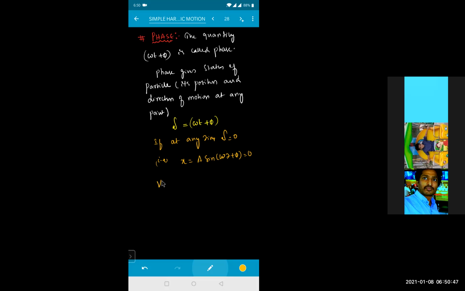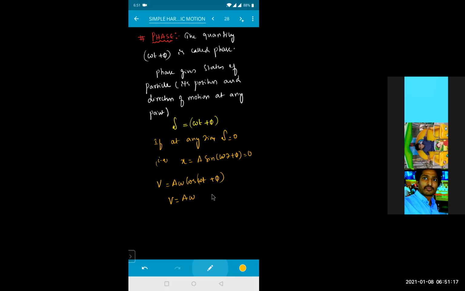What will be the velocity? V is equal to A omega cos(omega t plus phi). This total value is 0, so cos 0 is 1, and V is equal to A omega. See, when the phase value is 0, velocity is A into omega.